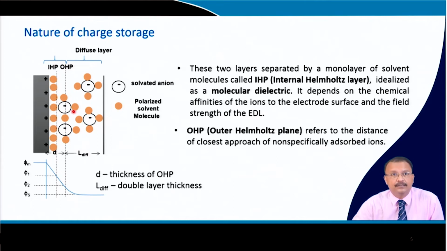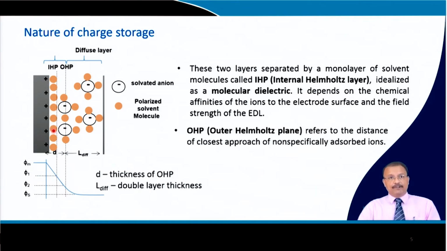After that you can have a complete diffuse layer. I have shown only the negative solvated anions, negatively charged, but there are progressively positive charges as well. If you see the potential, the charge is maximum here, and then at the inner surface layer they basically get neutralized. So, the potential drops, and you can define two different potentials, phi 1 and phi 2.